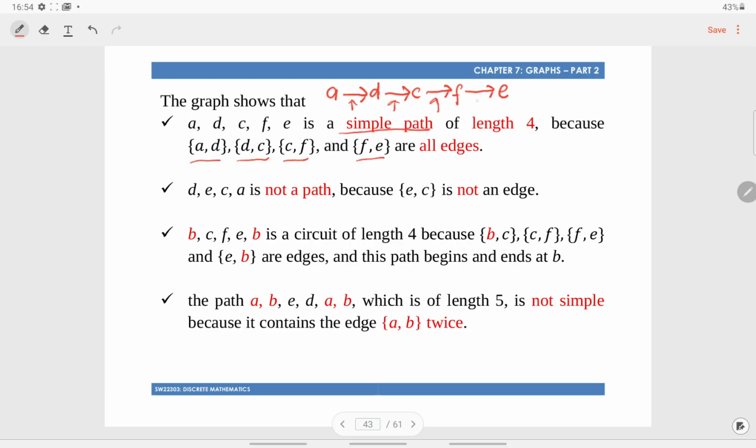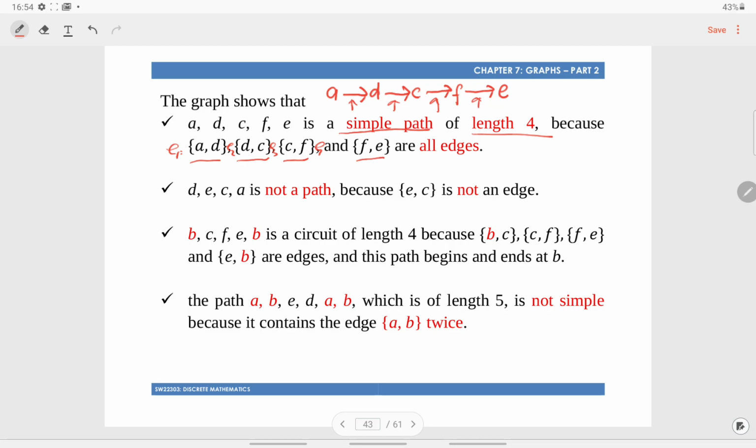No same edge appears, so we call it a simple path. Every edge appears only once. We consider these as e1, e2, e3, and e4, so the length of this path is 4.